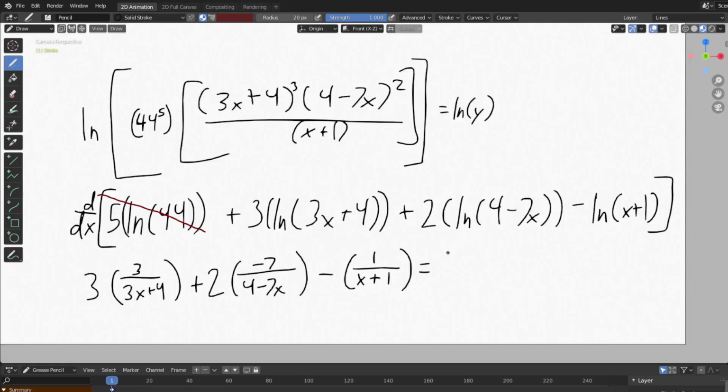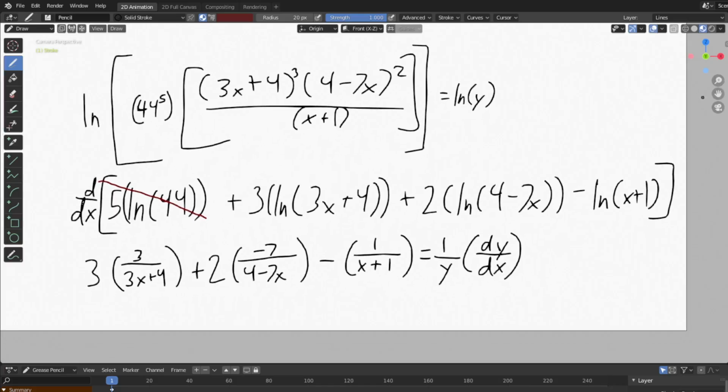Equals, well, ln of y, if we use implicit differentiation, which I just explained, 1 over y times dy dx. And this is why you shouldn't really use this for anything that is in an FRQ, because to get the derivative of this, we still have to multiply this y back into the function.